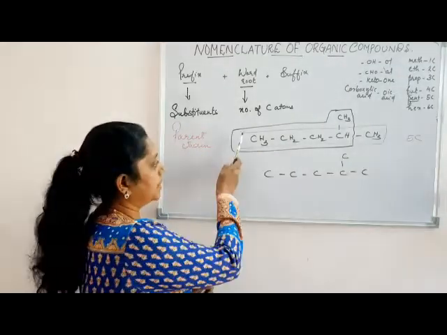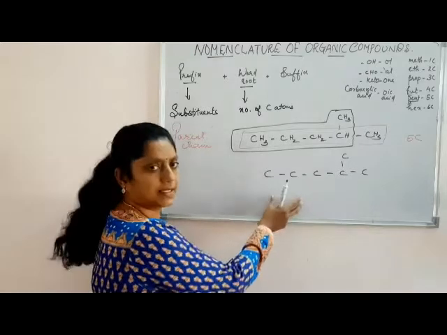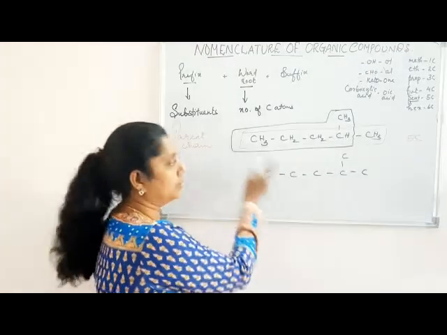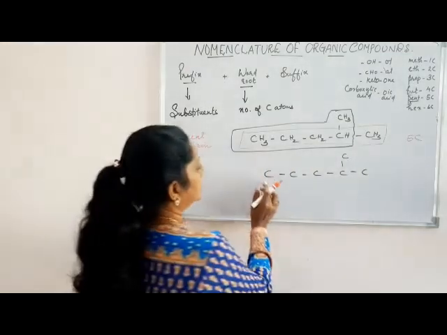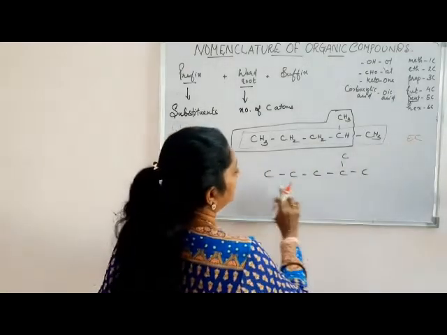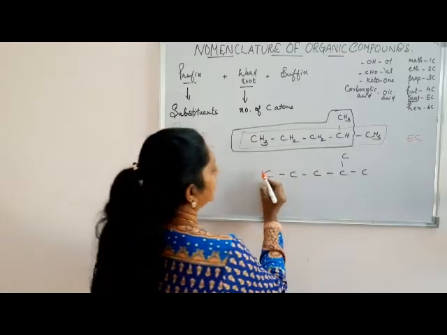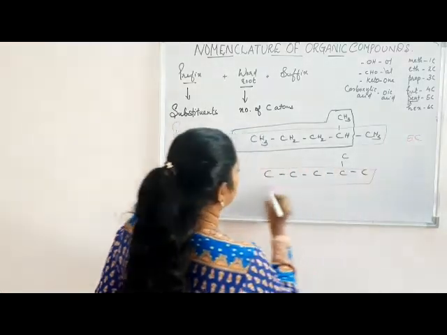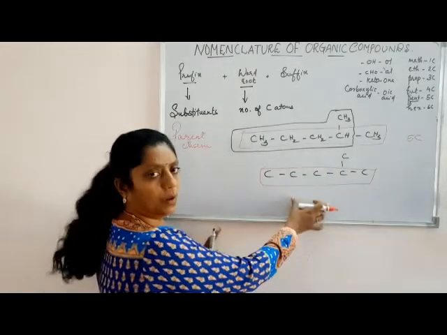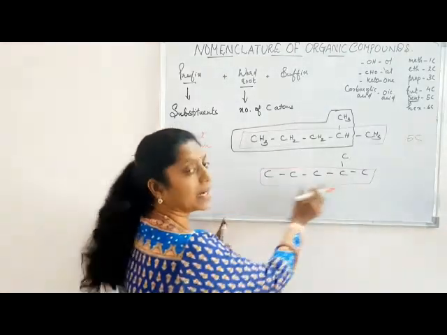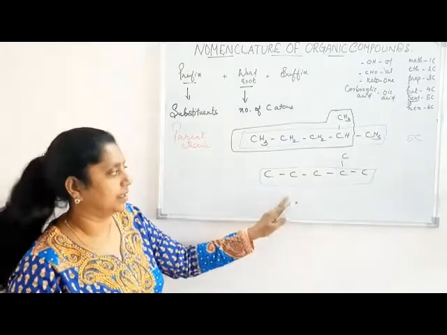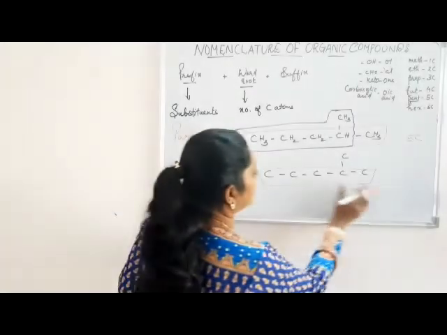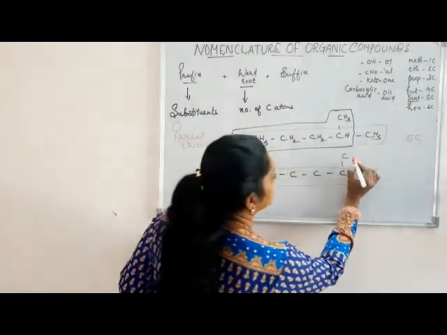We can also represent this compound in this way. This is the carbon skeleton of this compound. This is the condensed structure. This contains 5 carbon atoms. The parent chain means the longest chain, and it must be a continuous chain. So this is the longest and continuous chain in the compound. If we select this as the parent chain, this is a branch.